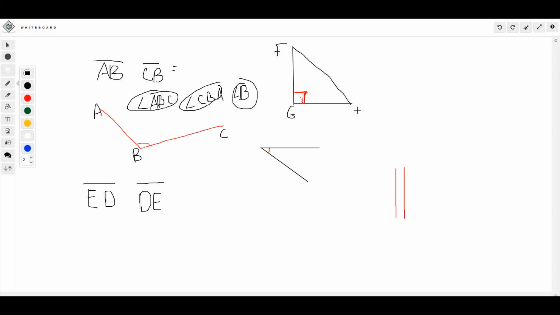Okay, so we have line FG, we have line GH, and we have line FH. Of course, you can label those any way you want to. Notice that this angle, angle G, is a right angle. Now, you can mark this any way you want.